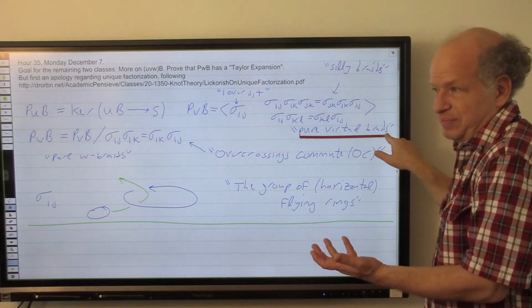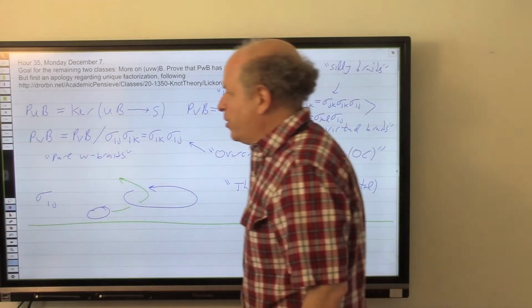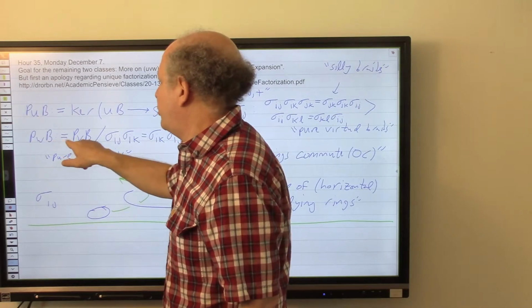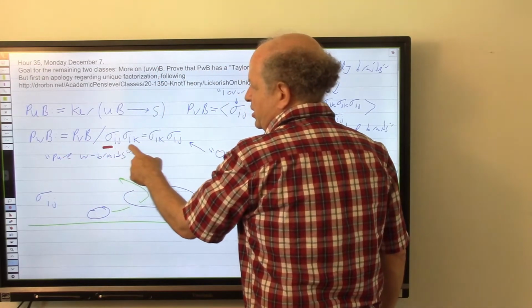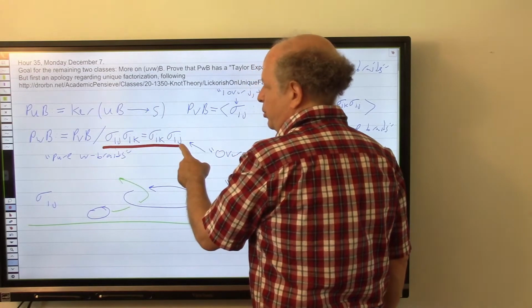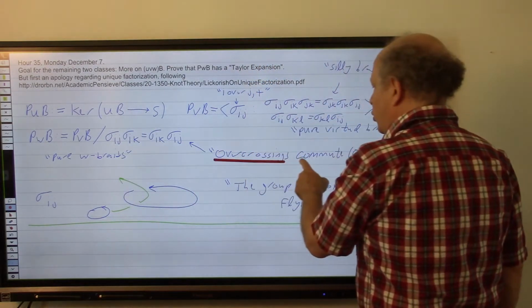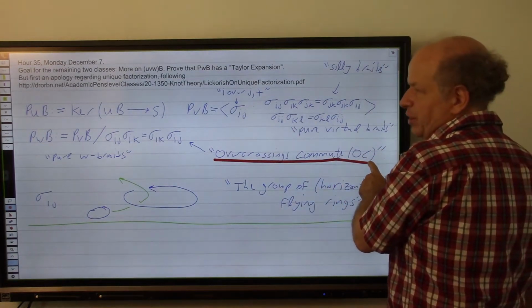But even before that, we looked at the quotient of pure virtual braids by an additional relation, sigma ij sigma ik equals sigma ik sigma ij, which is often called overcrossings commute, or OC.